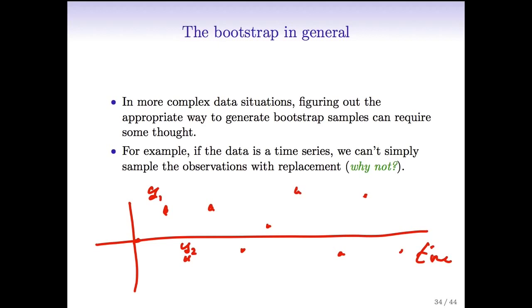So one thing people do in a time series, because the observations are correlated across time, is to use what's called the block bootstrap. The block bootstrap divides the data up into blocks, and between blocks, one assumes that things are independent. For example, if we use a block size of 3, these 3 observations would be the first block, these 3 the second block, and these the next block.